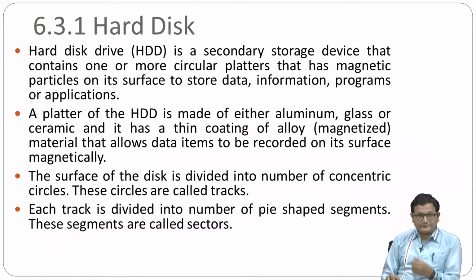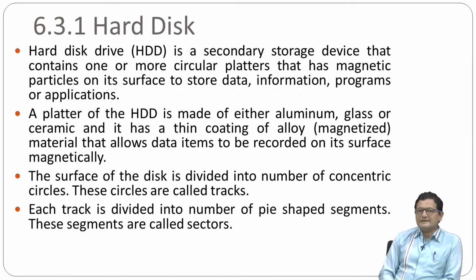A hard disk is a secondary storage device that contains one or more circular platters, which have magnetic particles on the surface to store data, information, programs or applications. I will show you the image so you will come to know what is written here. A platter of an HDD, hard disk drive, is made from aluminum, glass or ceramic.